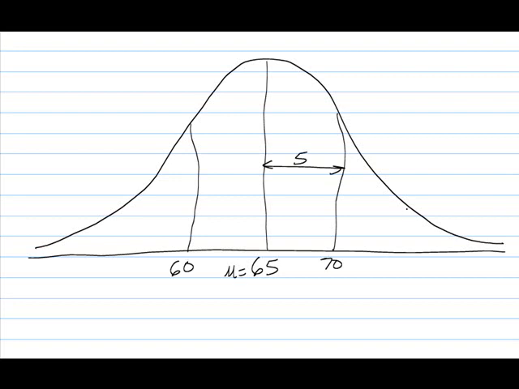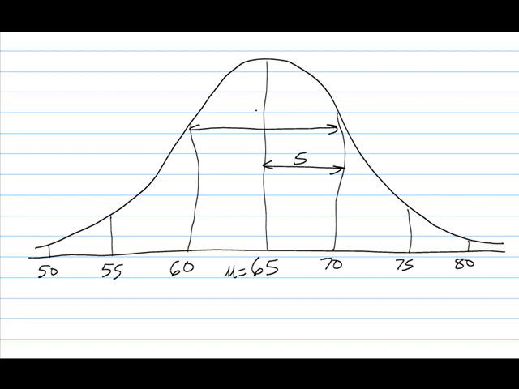If we go another standard deviation in both directions, then this value is 75, this value is 55. And if we go one more standard deviation in each direction, then this value is 80, and this value is 50.